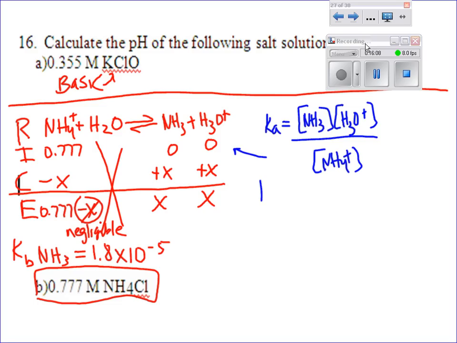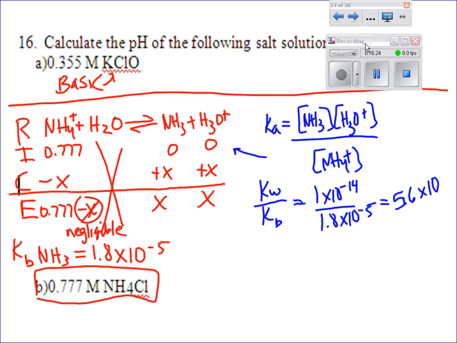So I can do this: Ka is equal to 1 times 10 to the negative 14th over 1.8 times 10 to the negative 5th. I get 5.6 times 10 to the negative 10th. So 5.6 times 10 to the negative 10th is equal to x squared over 0.777.